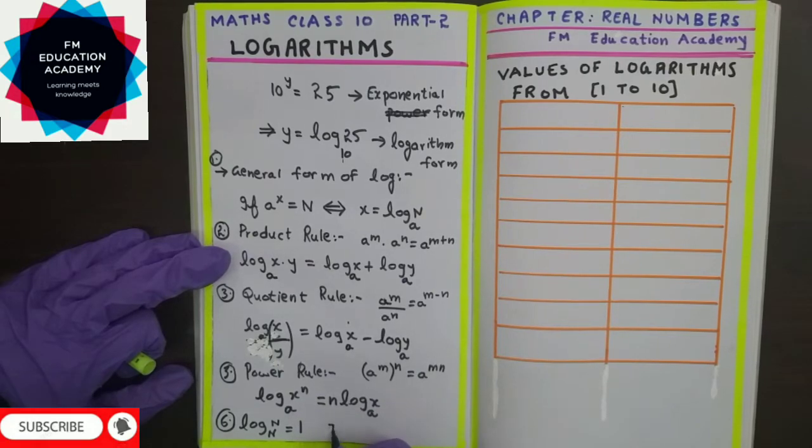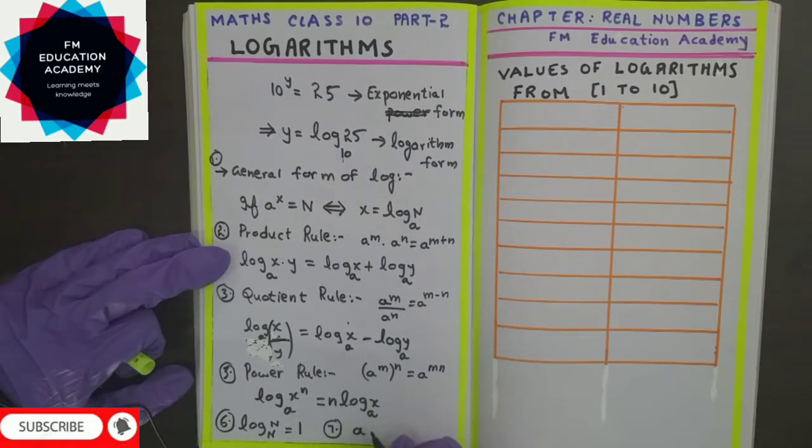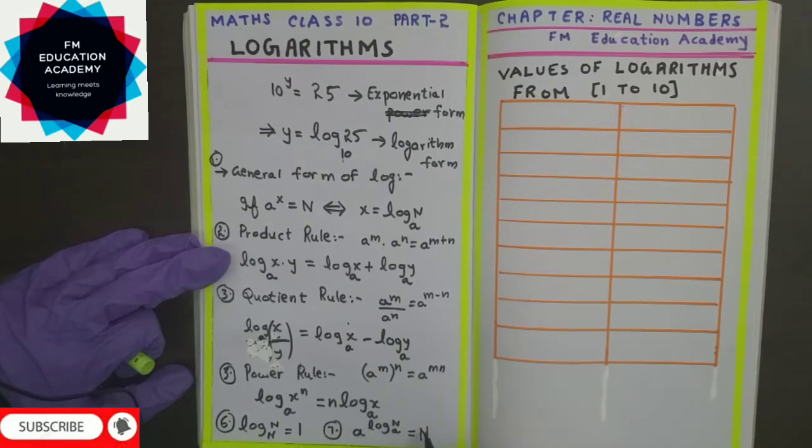Then we have one more formula, a power log n to the base a. This looks a bit complex. That is, in the power we have log n to the base a, and that value will be just equal to n. So such a complex LHS is resolved into just n. A power log n to the base a is n.